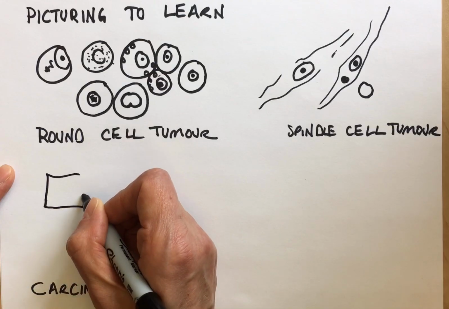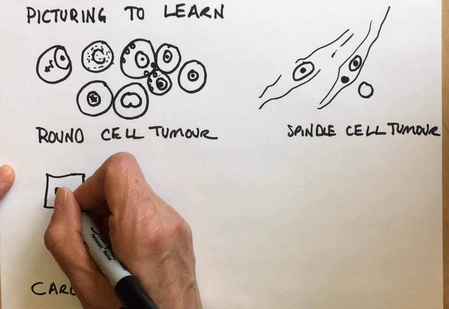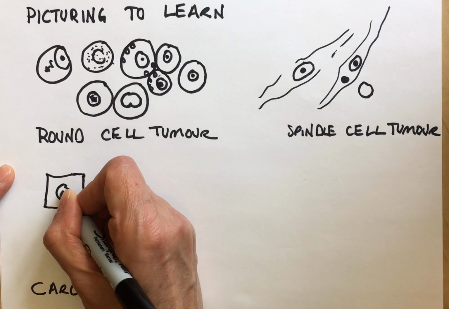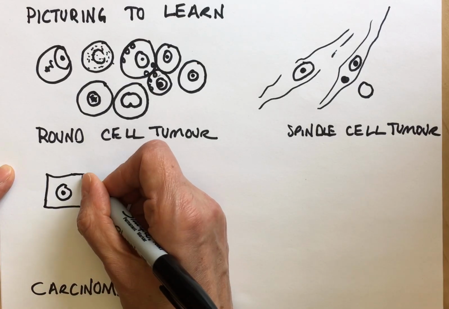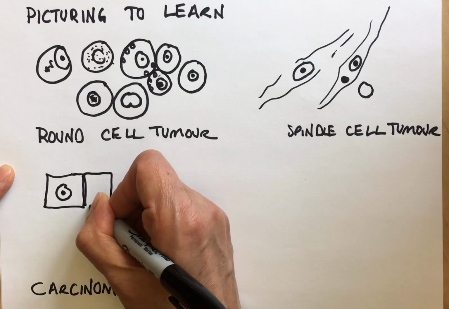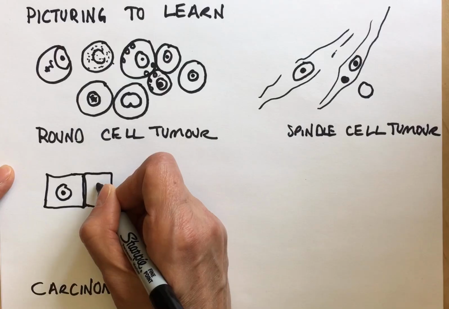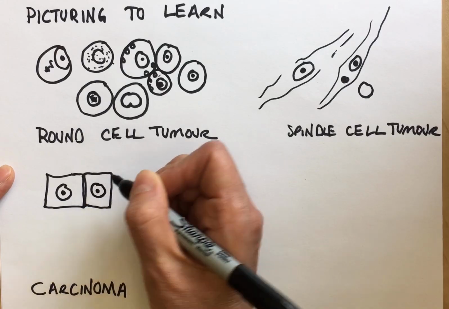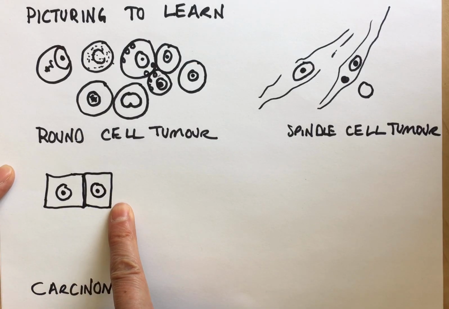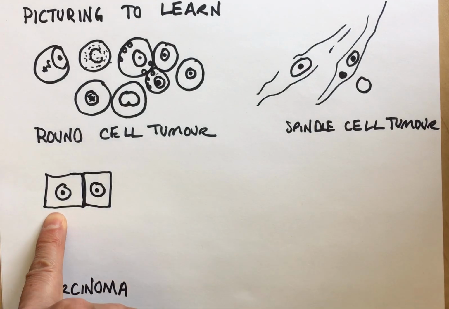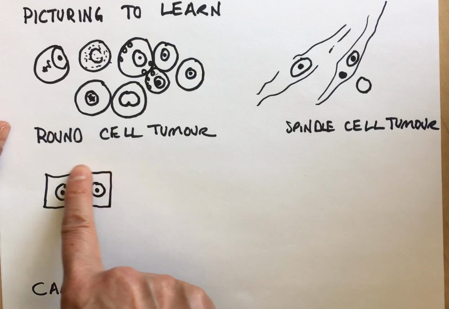So on histology, if you think back to first year, they might be cuboidal cells. They might have nucleoli like that. And on cytology, this appears as a clearish kind of space between the cells. So these two are relatively uniform cells. That might be an increased growth of a normal cell type.